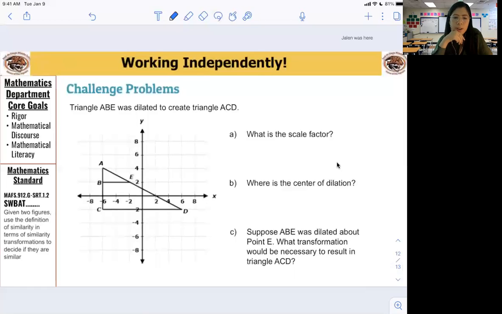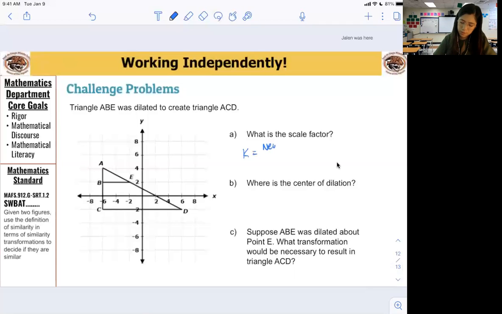Okay, Janelli says 4. Perla says 3. So how do we calculate scale factor?